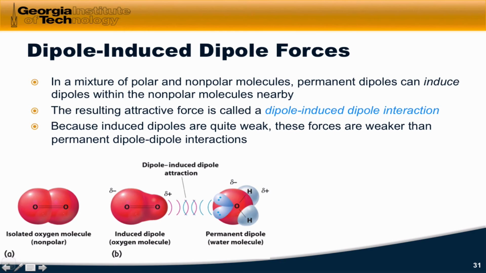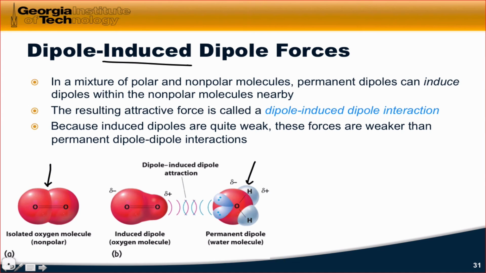Beyond thinking about permanent dipoles, we can also think about temporary or induced dipoles. If we take a mixture, for example, of a nonpolar molecule like O2 and put it in a solvent like water, so dissolving oxygen gas in water, water has a permanent dipole moment, but oxygen does not. However, when an oxygen molecule comes into close contact with the water molecule, there's an induced polarization that can take place.